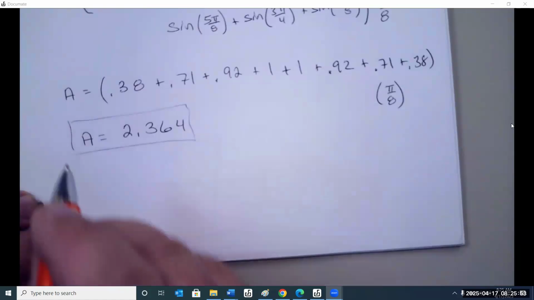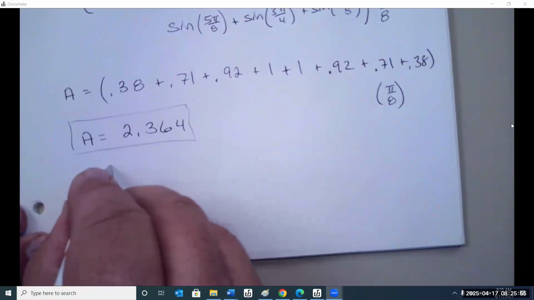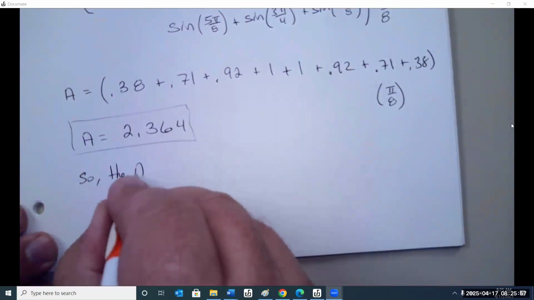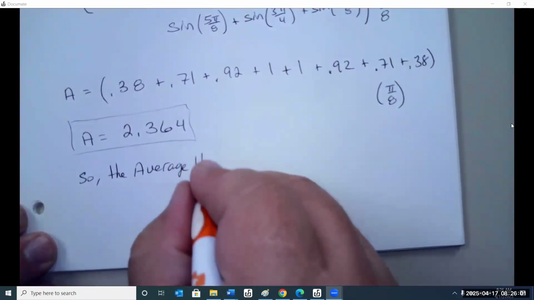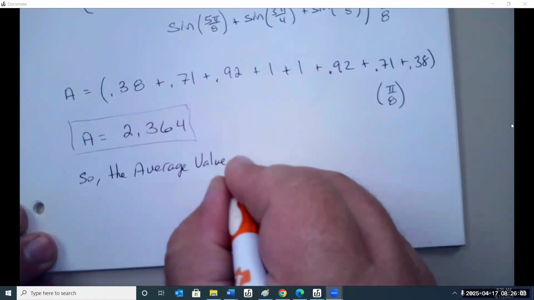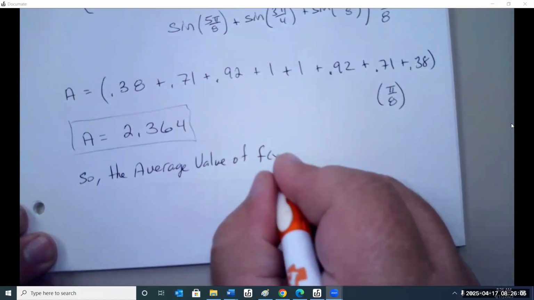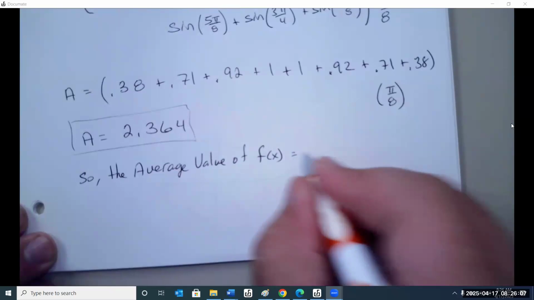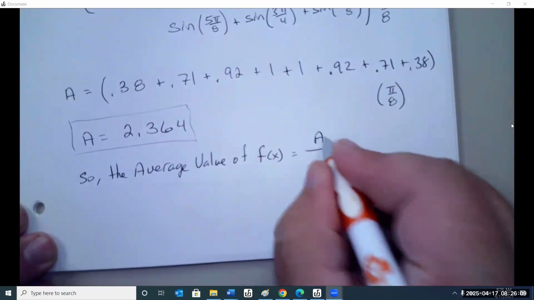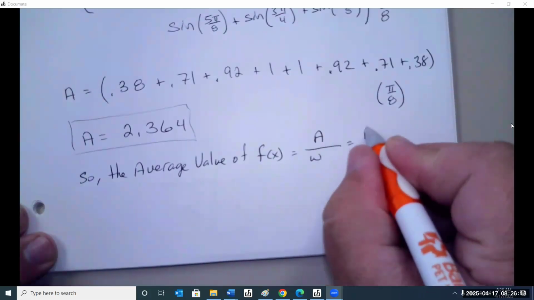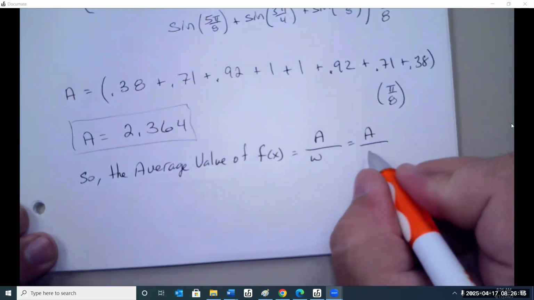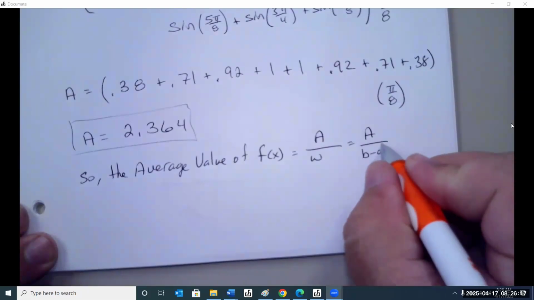What are we looking for? We're looking for the average value. So the average value of our function f of x is equal to the area divided by the width. The area divided by b minus a.